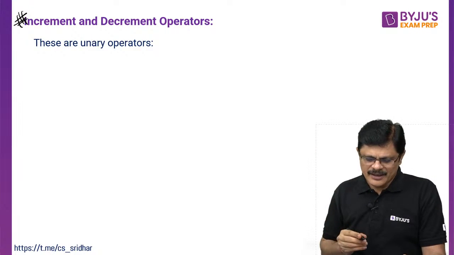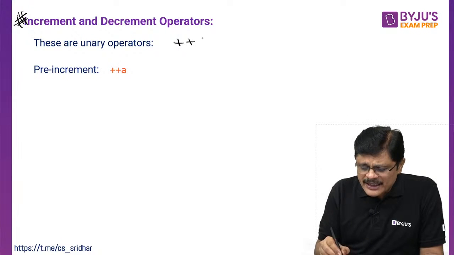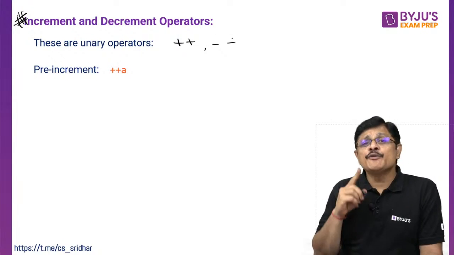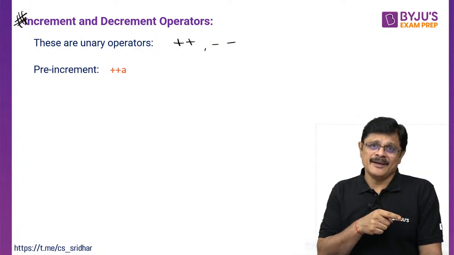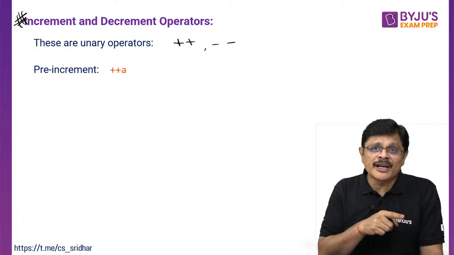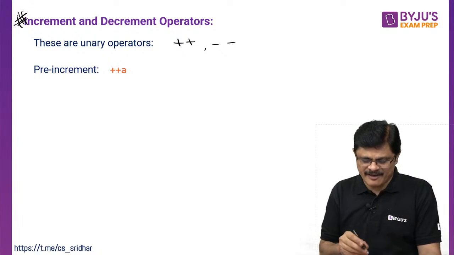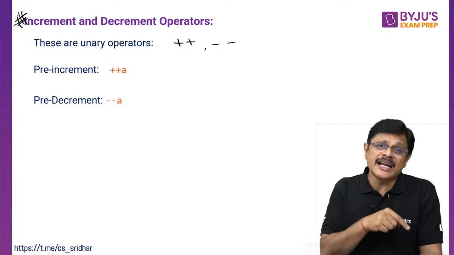Very good. Unary operators. Actually, we simply denote them as plus plus and minus minus. If you put plus plus before the variable, it becomes pre-increment. If you put minus minus before the variable, it becomes pre-decrement. For example, plus plus a is pre-increment, minus minus a is pre-decrement.